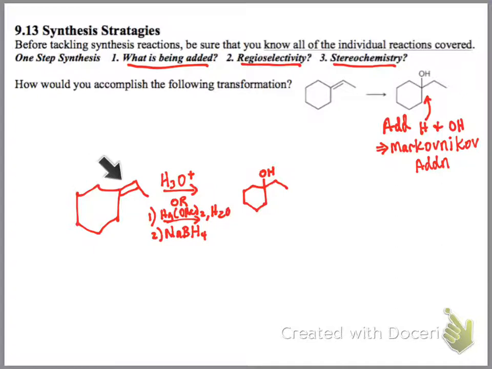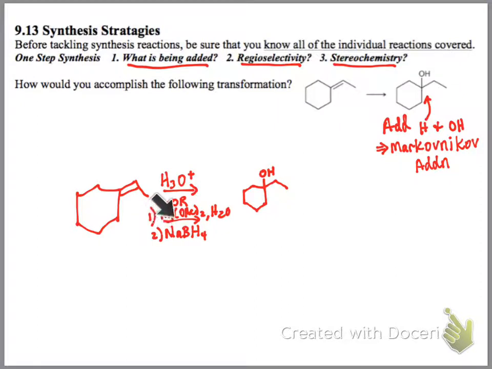It will put the OH here. This is a safe bet in this case because the carbocation that's going to get formed is tertiary, so it is unlikely to rearrange. Where acid and water could be problematic, it's not problematic in this case. That is probably what I would choose for this reaction.